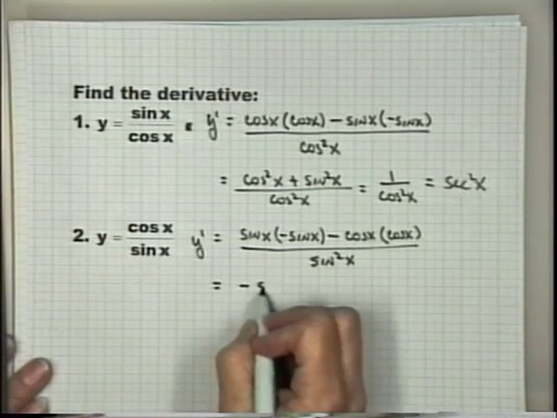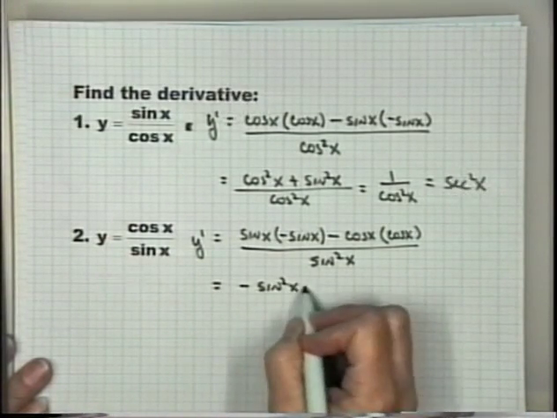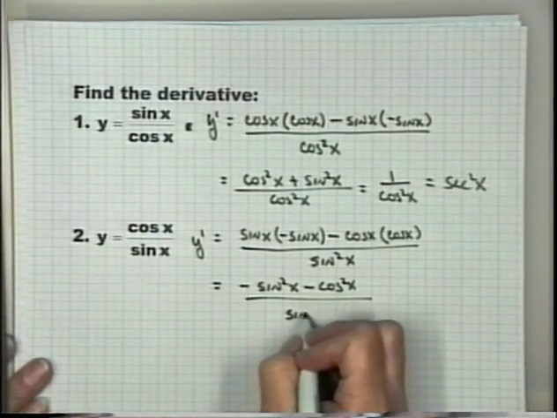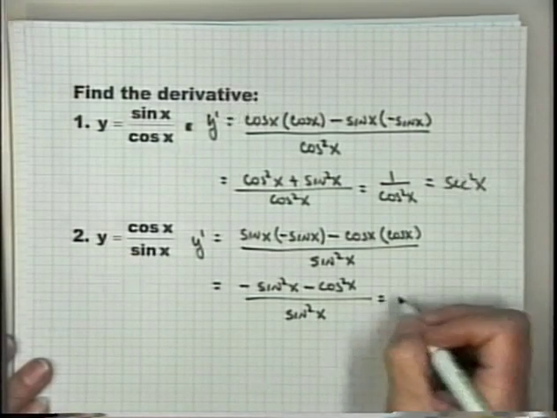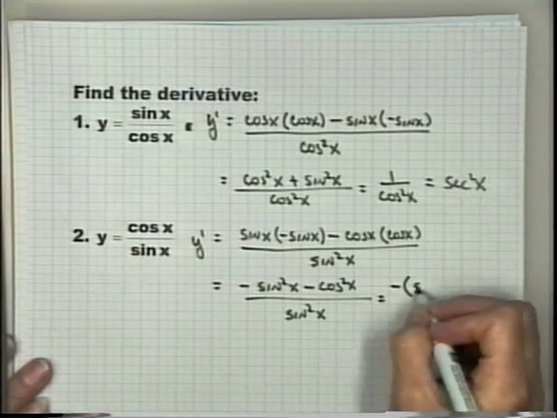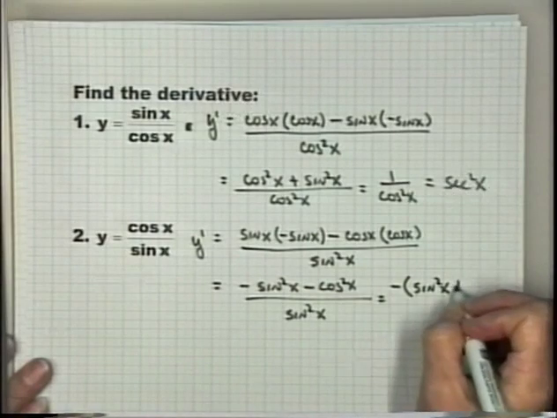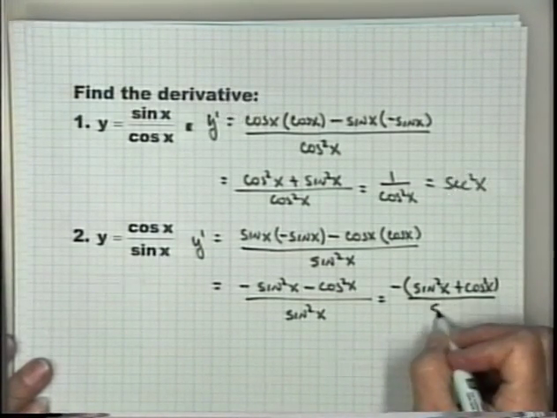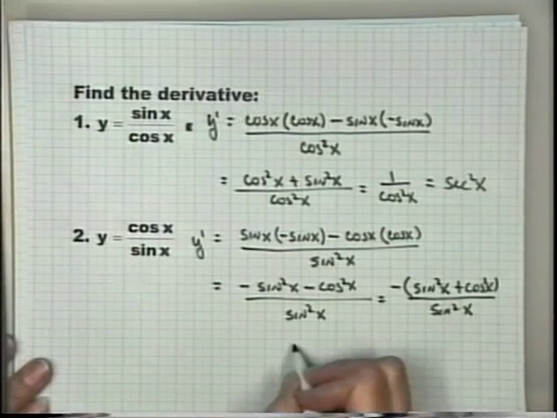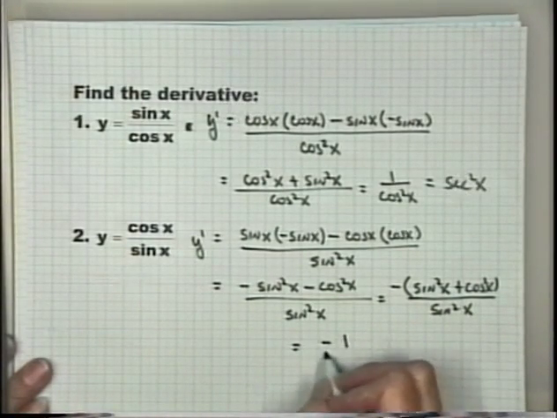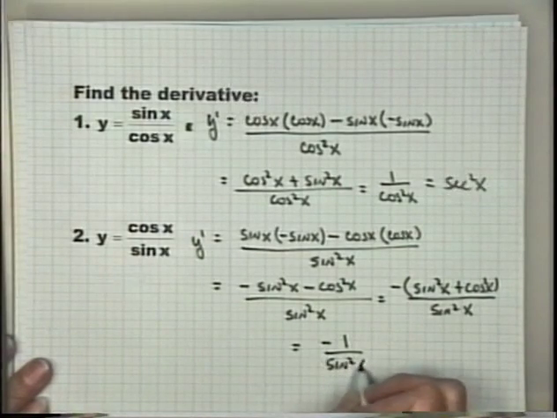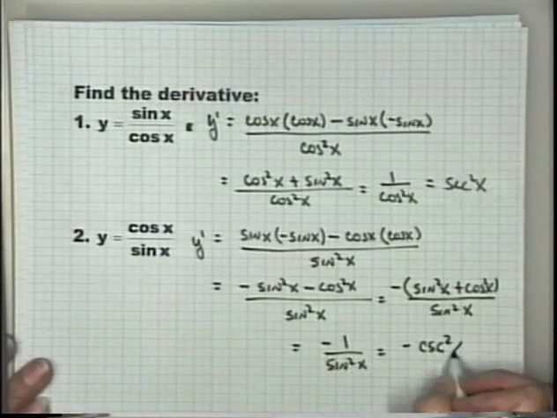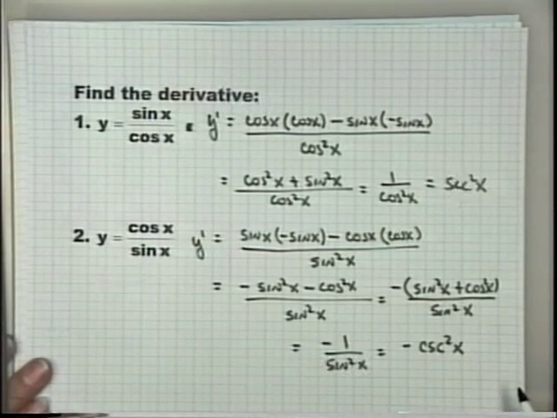So I have negative sine squared x minus cosine squared x over sine squared x. Well, if I factor out a negative, negative sine squared x plus cosine squared x over sine squared x, again using your identity, that's negative 1 over sine squared x, or negative cosecant squared x.